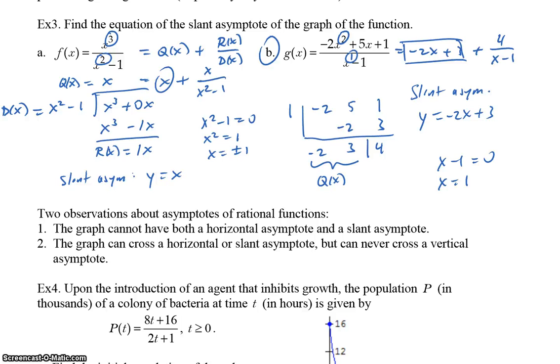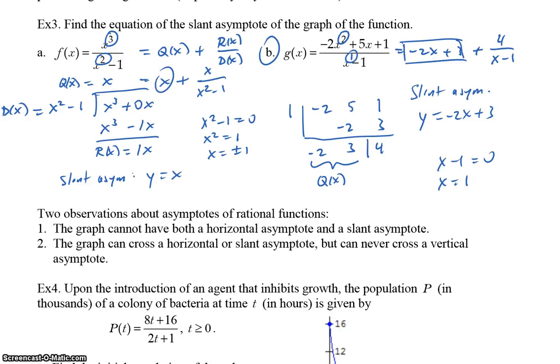The second observation: the graph of a rational function can cross a horizontal or slant asymptote. In fact, the graph can even completely coincide with a slant asymptote, intersecting it practically at every point. But it can never cross a vertical asymptote.